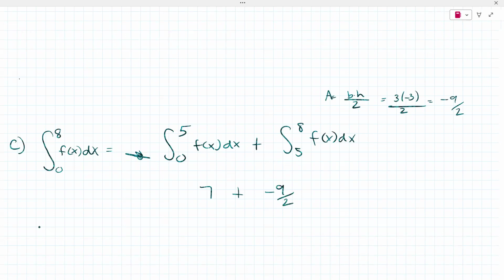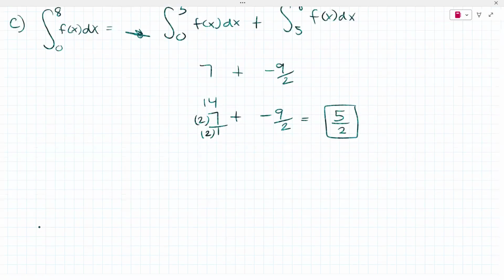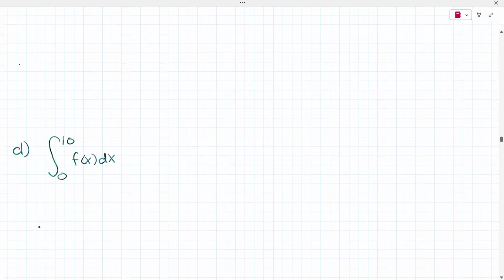And then just add them up. 7 plus negative 9 over 2, so that would be 14 over 2 minus 9 over 2, which is 5 over 2. Okay, so that's letter C.